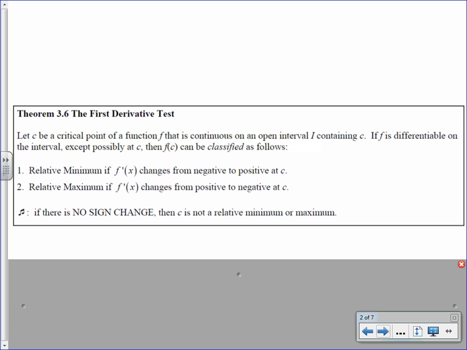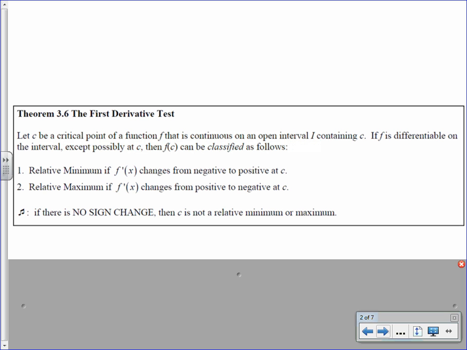Note, if there is no sign change, then our critical point is not a minimum or a maximum. We have critical points when the derivative is 0 or undefined.